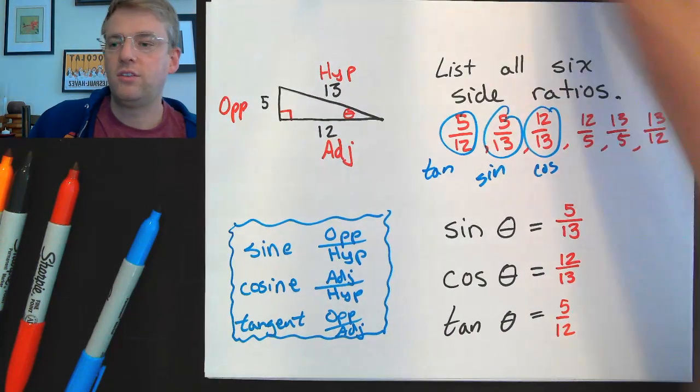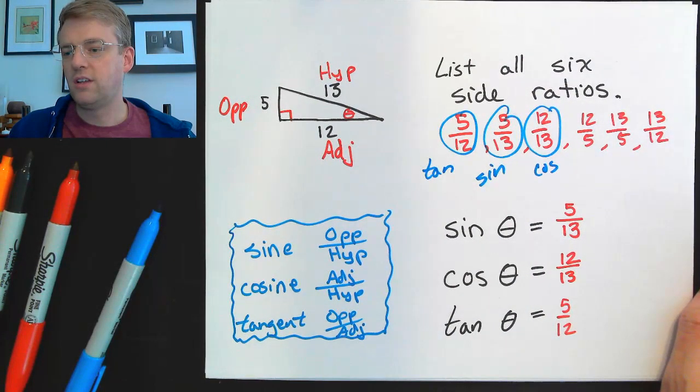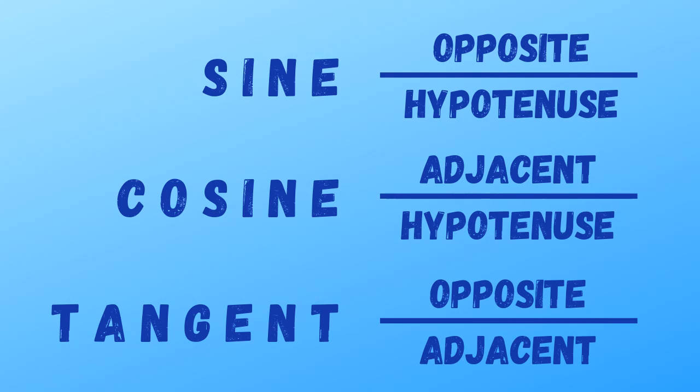So I'm going to encourage you to keep this handy and think about how this is just half of the possibilities, but it covers every pair so that you don't just have a reciprocal included in here.